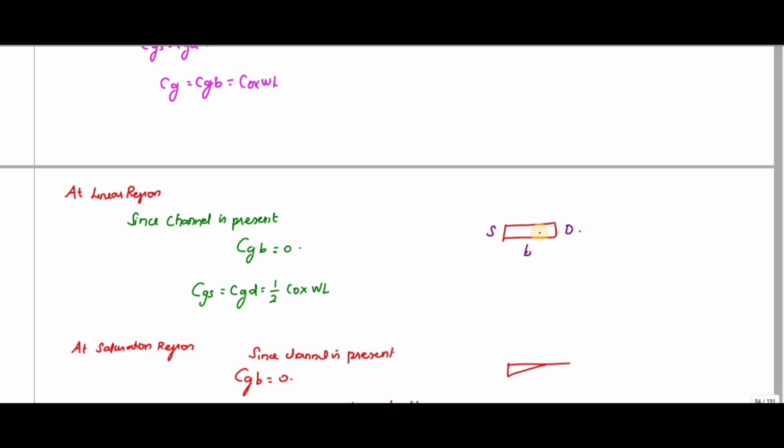And since the channel is formed, my total capacitance gets divided. Okay, so CGS is equal to 1 divided by 2 Cox WL, and CGD is equal to 1 divided by 2 Cox WL. Okay, so the total capacitance gets divided into 2. If you add these 2, you will get Cox WL, right?